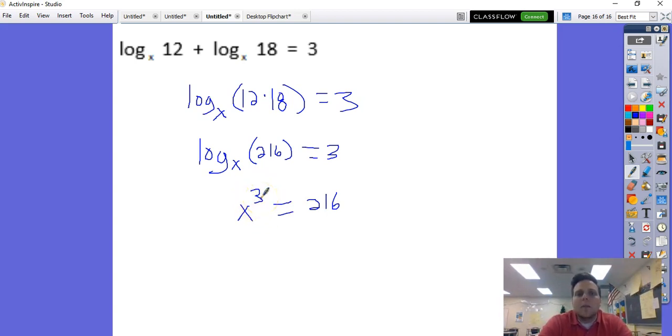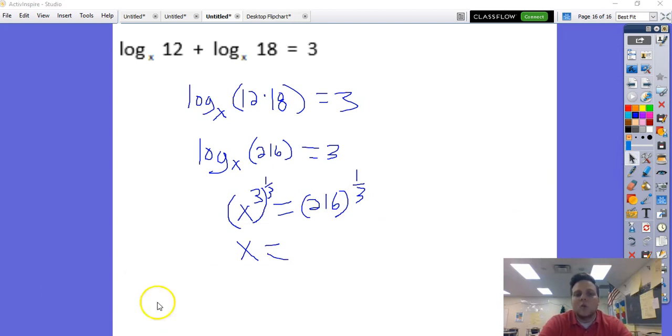How do I get rid of a power of 3? We've talked about this before in class. To get rid of a power, you raise it to the reciprocal of that power. So what is the reciprocal of 3? Just 1/3. So we just raise both sides to the 1/3 power. So we get x equals, so basically what this is saying is what number times itself three times is 216.